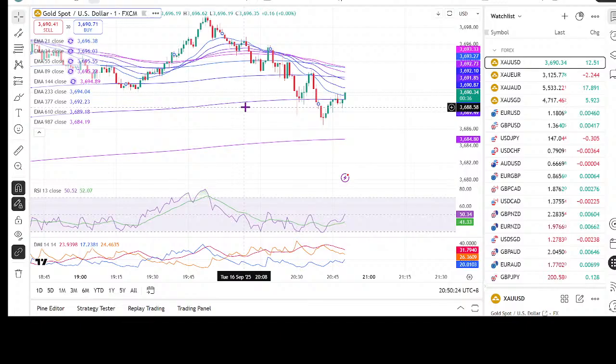So these two things can happen. One is we may get a weaker entry, meaning a slightly worse entry, or we may get a better entry than what we did earlier on.